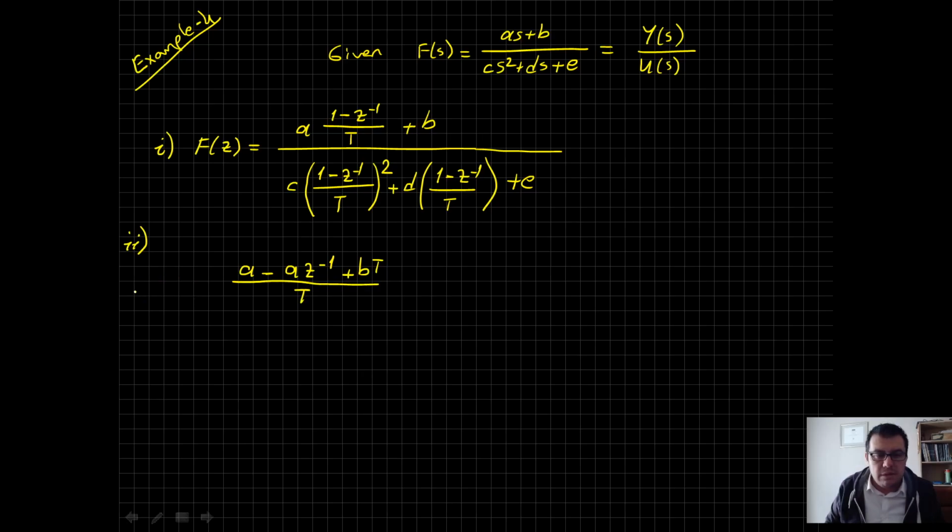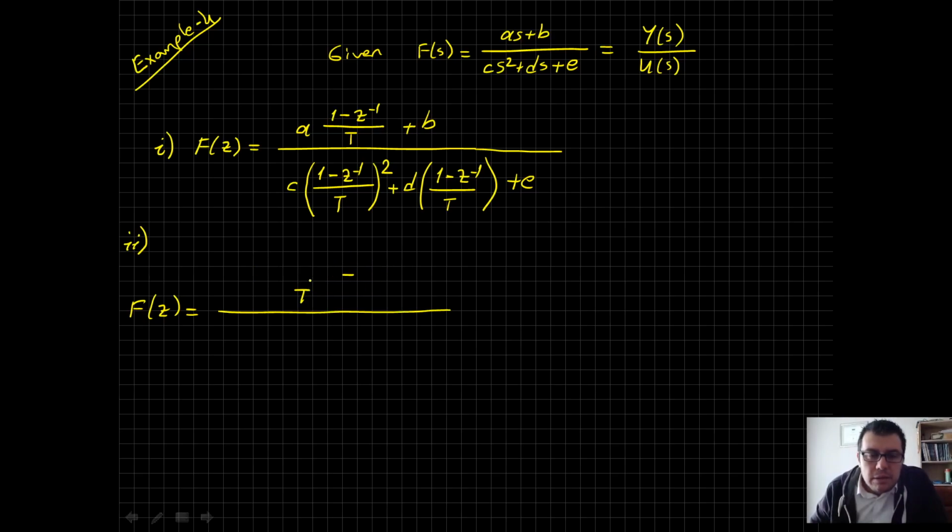So let's write it here, f of z should be equal to, that's what you have in the numerator. I'm sorry, let me try to make it a little bit more elegant looking. Okay, you have a minus a times z^-1 plus b over t. In the numerator you have this.